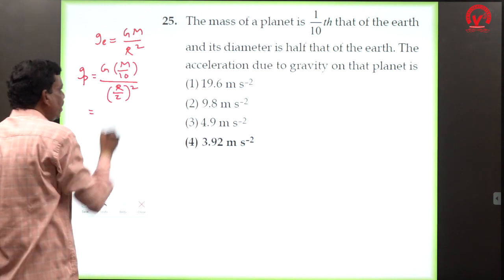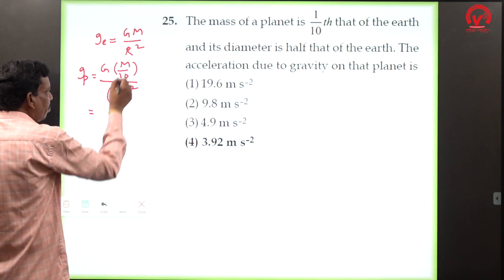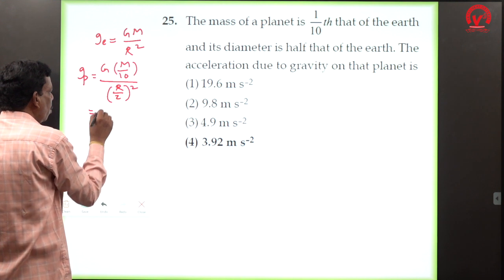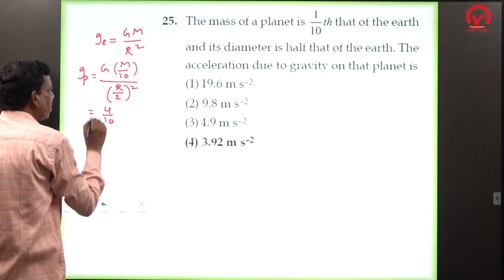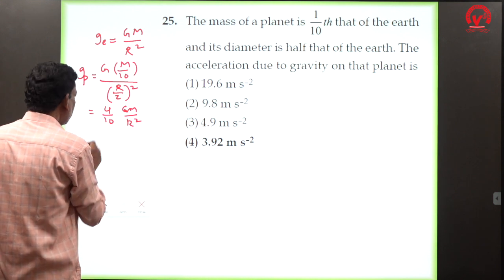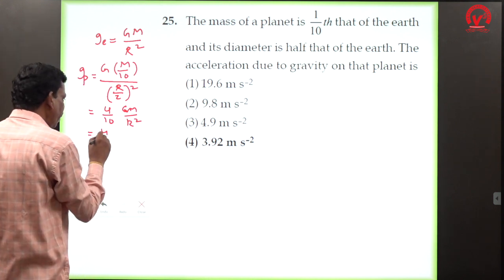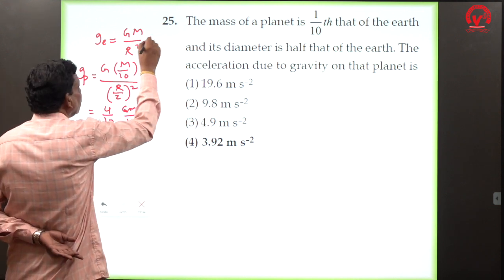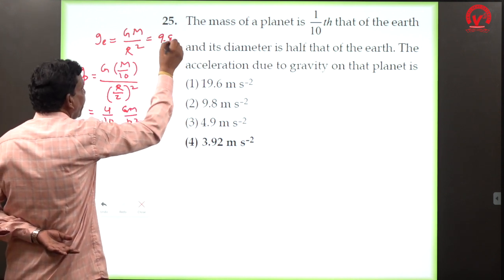Then what you get here: GM by R square, it is 1 by 10 into 4, that is 4 by 10 into GM by R square. On earth, what is the value? 9.8.